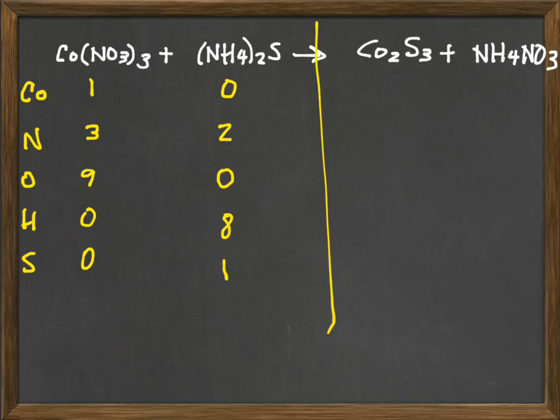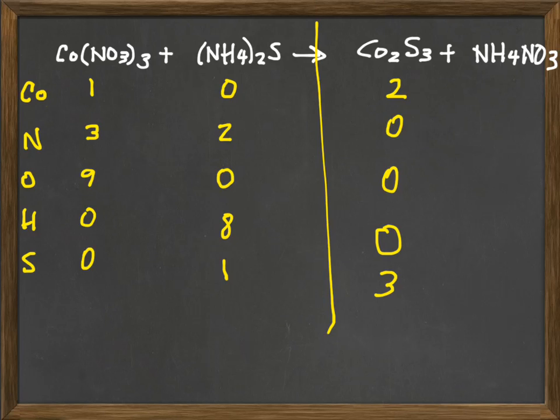Now I'm going to take inventory of the products. Co2S3. This has 2 cobalt atoms and no nitrogen atoms, no oxygen atoms, no hydrogen atoms, and 3 sulfur atoms. Getting kind of messy here.